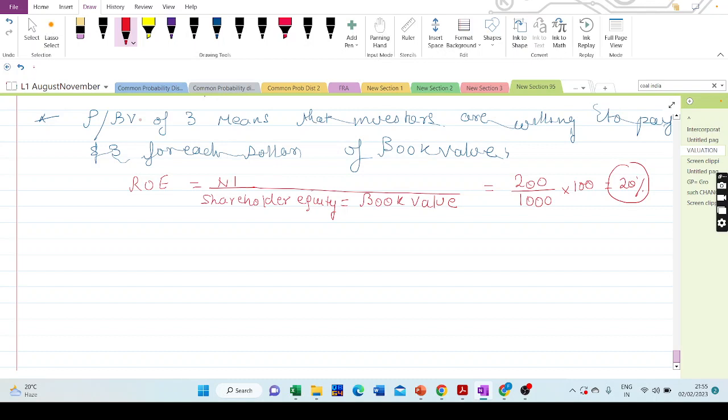The company is generating 20 cents per dollar of book value, per dollar of shareholder equity. Please write this down also.